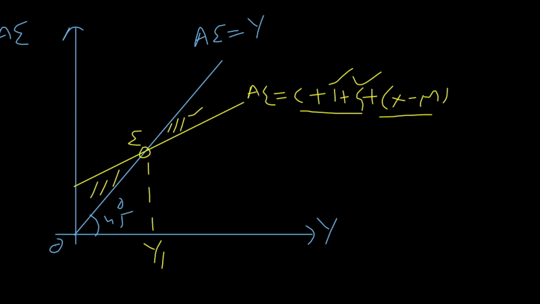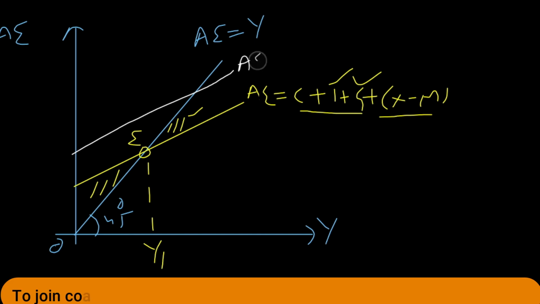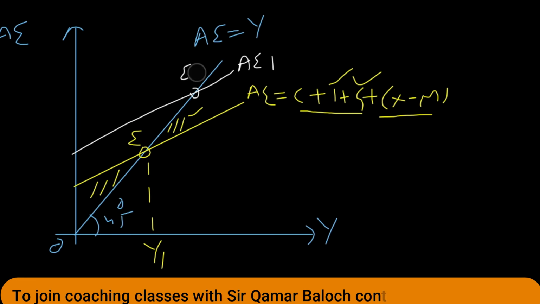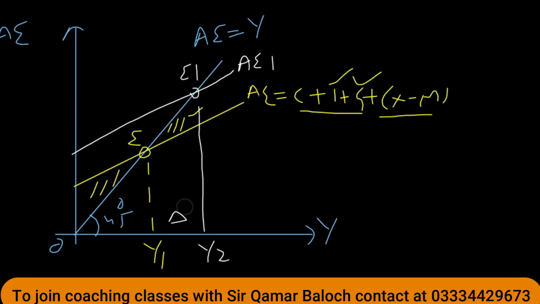Then definitely aggregate expenditure line will shift upward, and the new aggregate expenditure line will be this one. This is, let's say, AE1, and now equilibrium will move from E to E1 where national income will increase from y1 to y2, and this change in income will be multiple times more than the change in investment.